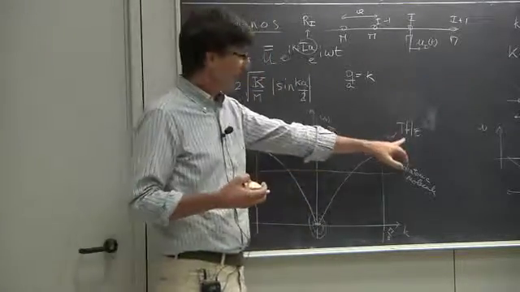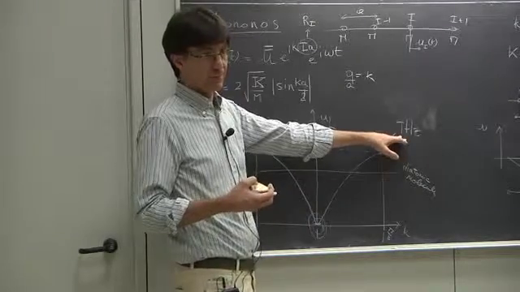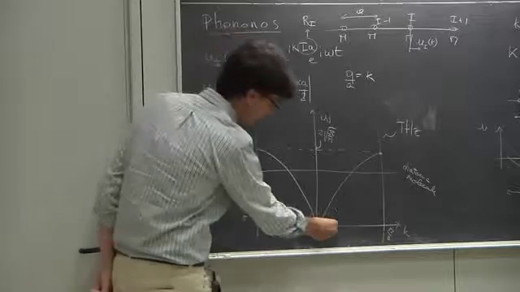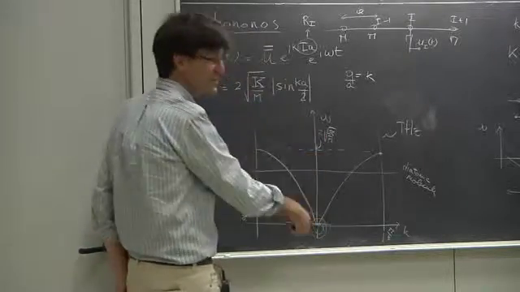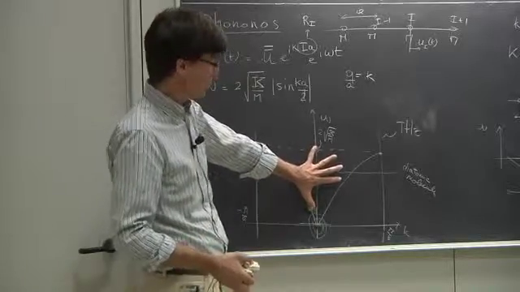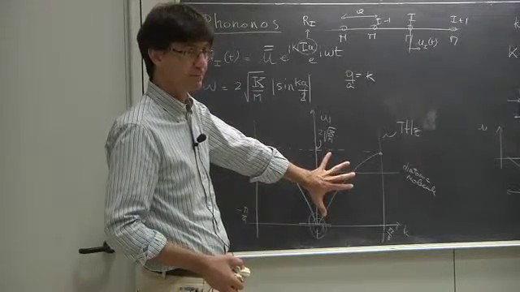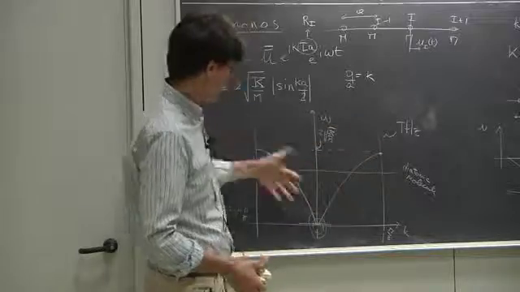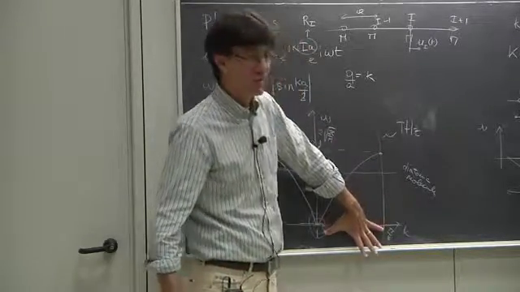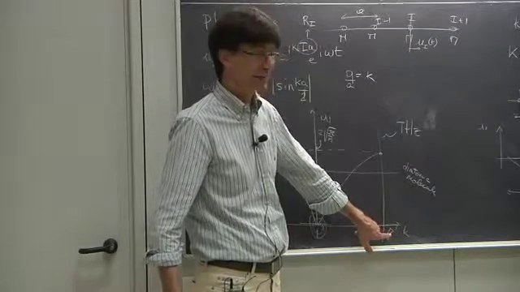We're still 8 orders of magnitude below here. That means that the sound wave must have a frequency which is extremely low on this scale, 8 orders of magnitude smaller than the typical scale of this frequency. And because this is a linear function, almost, it must be also 8 orders of magnitude smaller in terms of k.